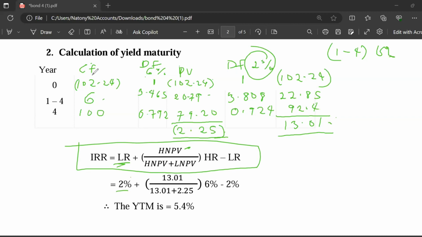So this is your lower rate, 2%, plus the higher NPV, 13.01, all over the higher NPV, 13.01, minus the lower NPV, minus negative 2.25, so minus will give you plus, 2.25. Then times the higher rate minus the lower rate. Your higher rate here is 6% minus 2%. When you do this calculation, the final answer will be 5.4.